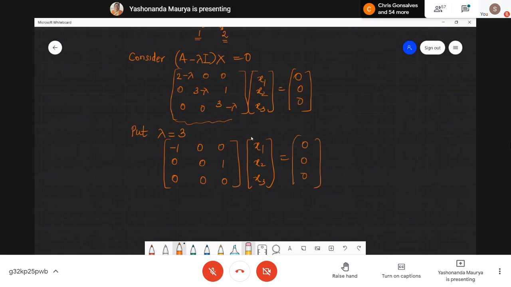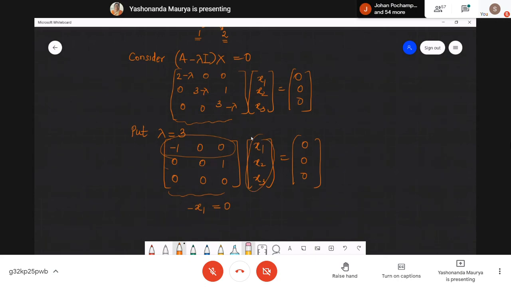Is this part clear? Yes. Check out. ये matrix जो मुझे मिला है, this is already in the echelon form. ठीक है? In the triangular, upper triangular form के जैसे ही आया है. See, so now what are the equations that we get? So we get minus x1 is equal to 0, first equation.